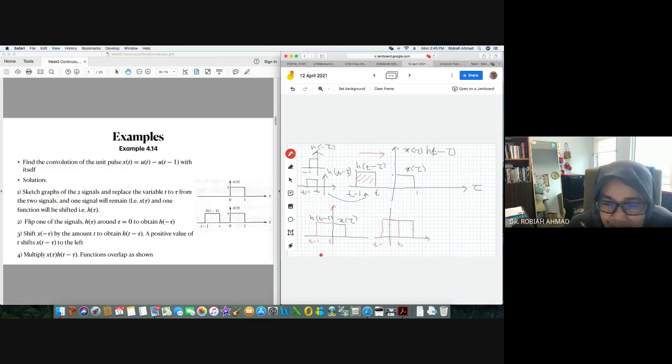This is the first case, before overlapping, and this one is where it starts overlapping. The red one is h(t minus tau). And since both have the same units and the same amplitude, there will be cases where both overlap at the same time. So this is case 3, sorry.